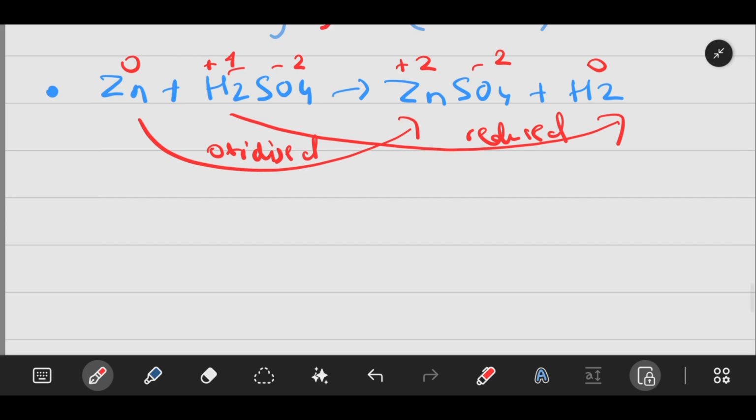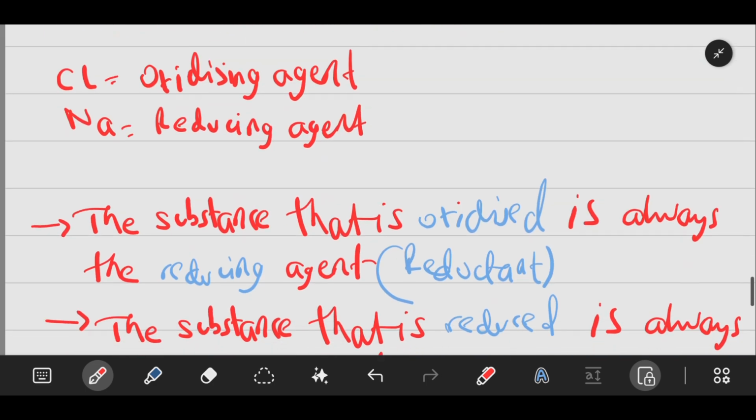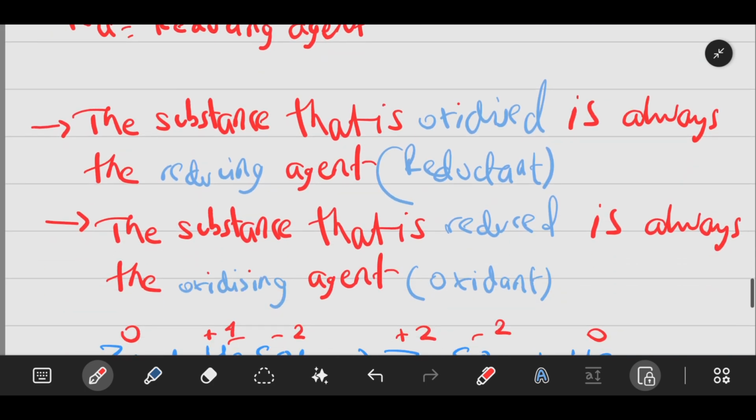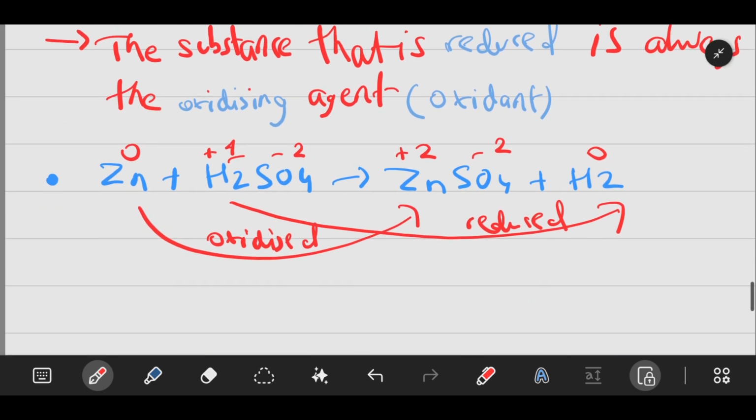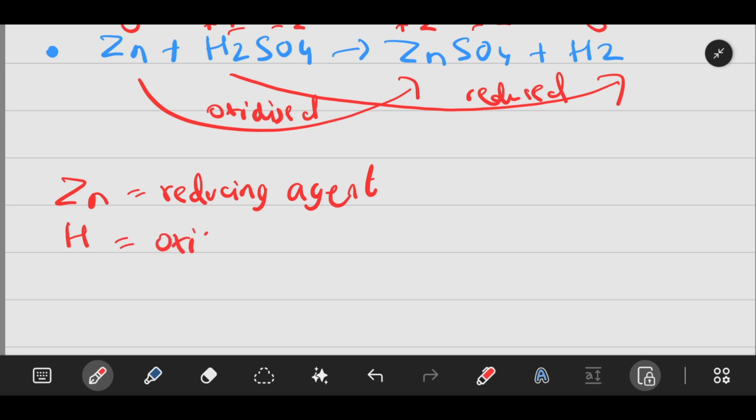Now, considering what we have written over here, the substance that is being oxidized is always the reducing agent, and the substance that is reduced is always the oxidizing agent. We can just go ahead and write down that zinc was your reducing agent because it's being oxidized, and hydrogen was your oxidizing agent because itself it was being reduced.